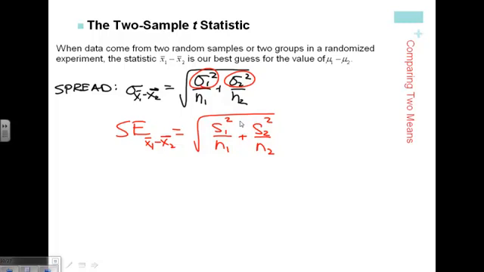So, that being said, if we have to settle for standard error instead of standard deviation, that also means that we have to make one more adjustment, and that is we can't use Z anymore.